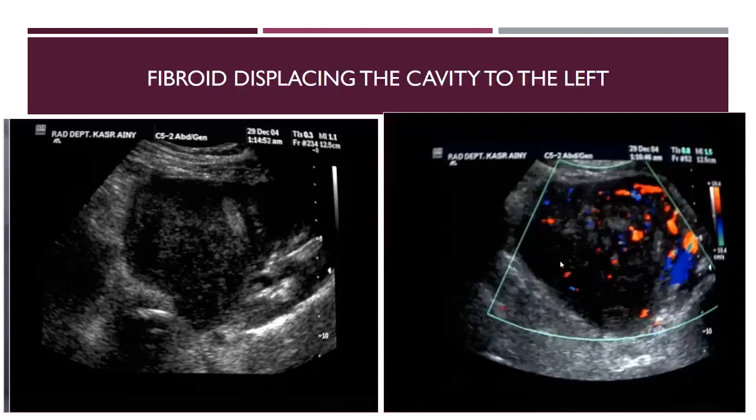This fibroid is vascular, and this explains why there is intravasation within it. Also, there may be intravasation if there is previous operative resection or something like that. So this is just a fibroid displacing the cavity to the left.